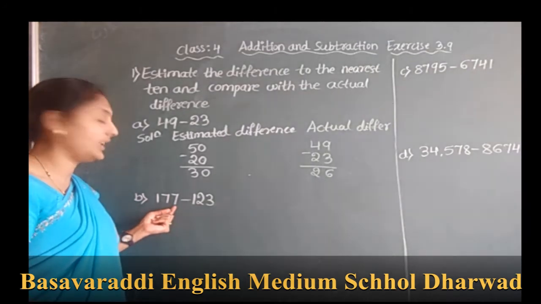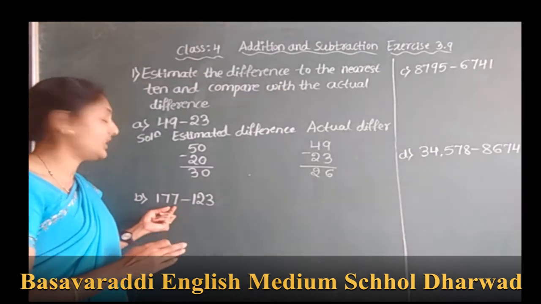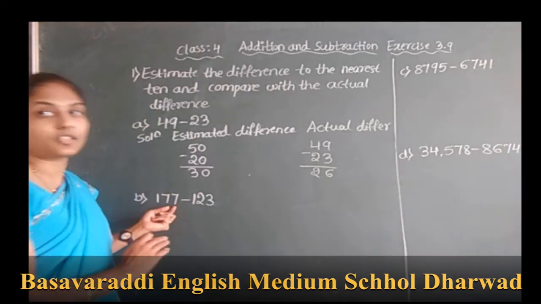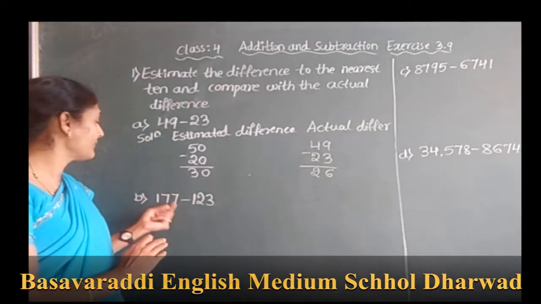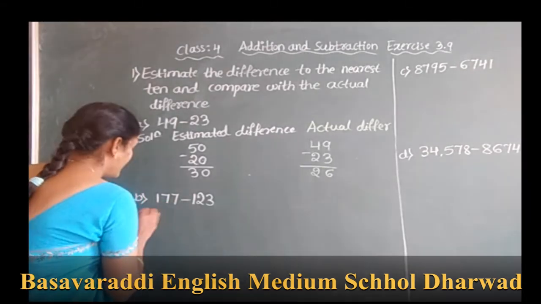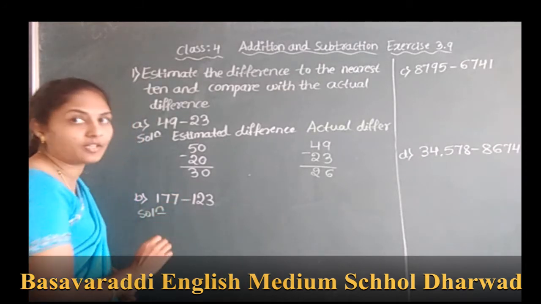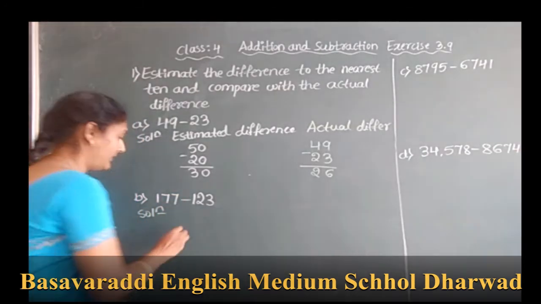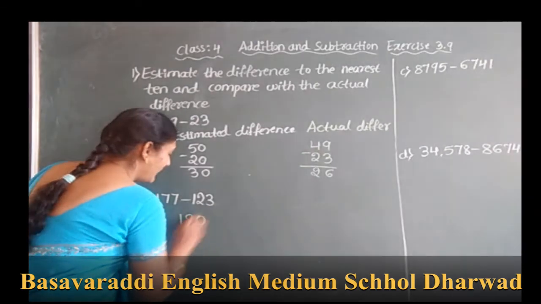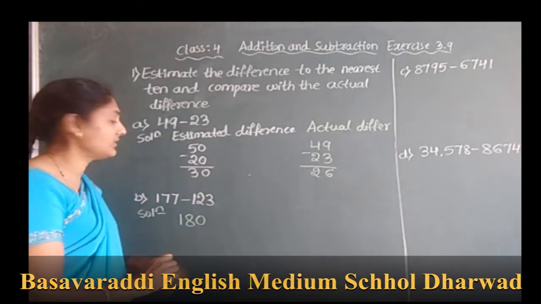If the number is equal to or greater than 5, the number is rounded up. So the 7 becomes 8. The solution: 177 becomes 180.